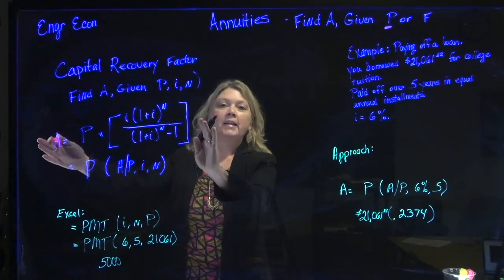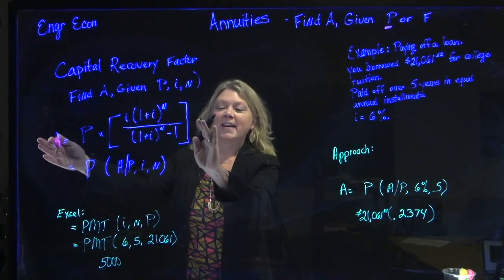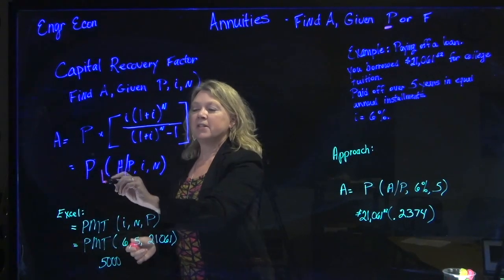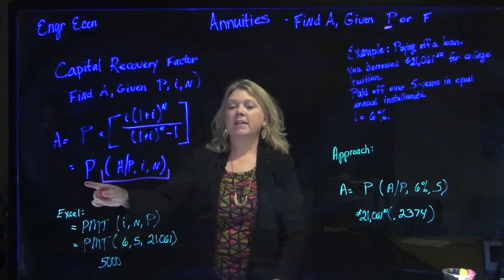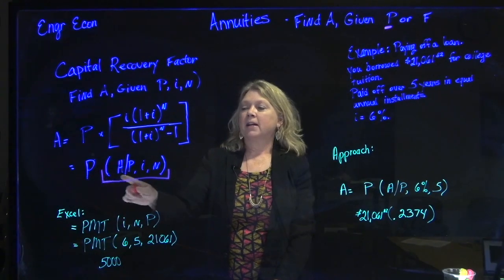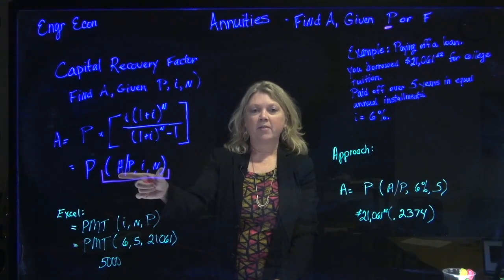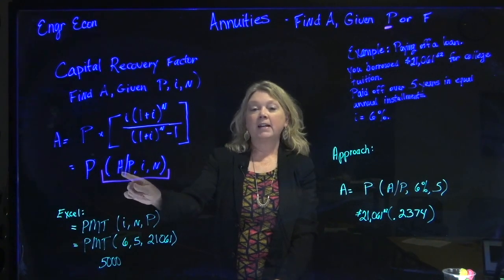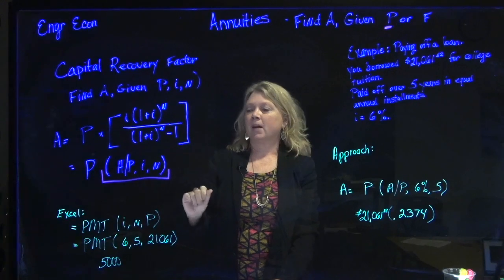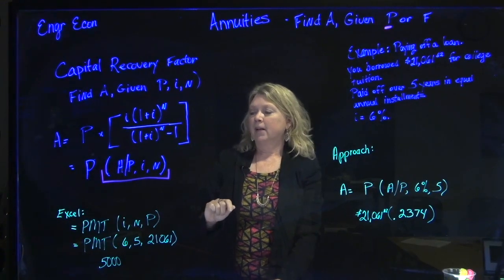Here's the formula, if you care to use that. I prefer, again, to use the interest factor tables, where we take the given present value amount times some capital recovery factor from the find A given P column on that particular interest table.